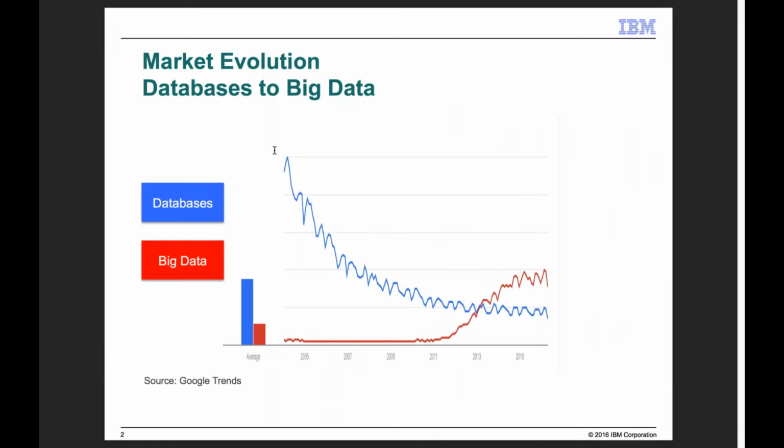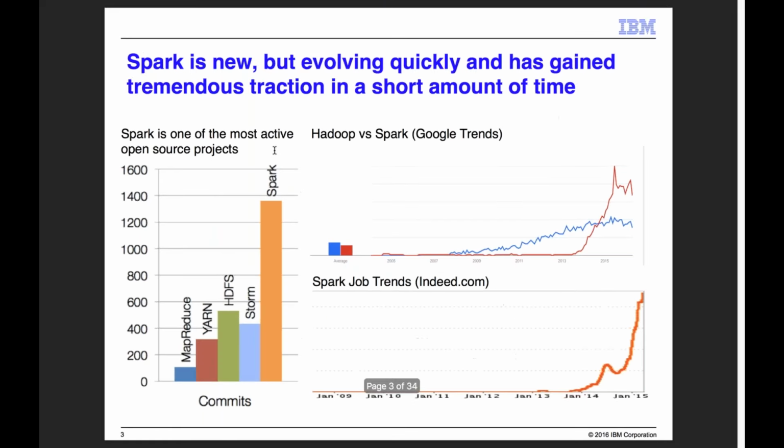If you look at what is happening in the market, there is a clear interest. Between database and big data, we can see after 2013 the big data interest is picking up a lot. This is a Google Trends chart from Google.